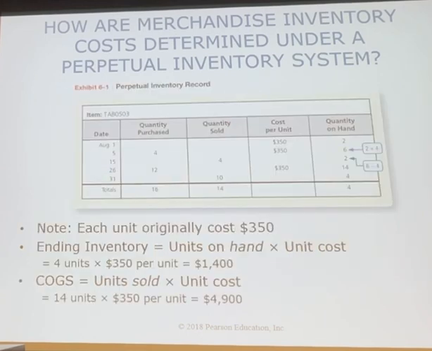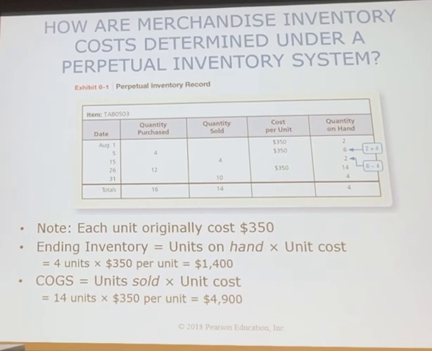Here's a perpetual inventory record for a particular item in our inventory. This item happens to be called TAB0503. If we look at this perpetual record, it tells us on August 1st that we had 2 of these items on hand. We paid $350 for each one.